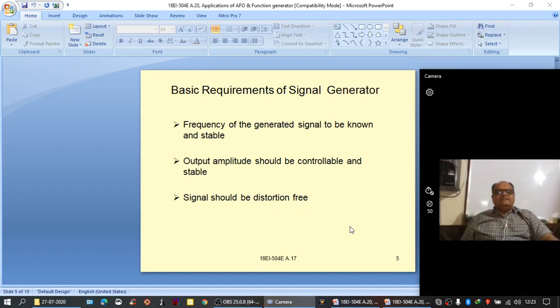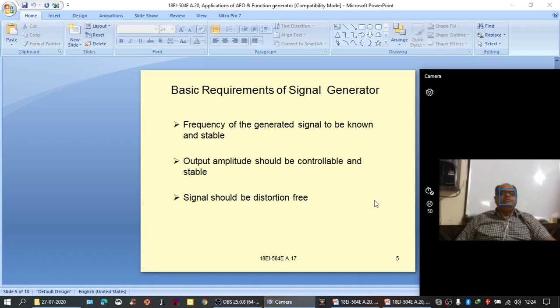And for any signal generator, there are three basic requirements which are to be fulfilled. The first basic requirement is the frequency of the signal generated should be known and it should be adjustable. It should be stable and of course adjustable also. The amplitude of the signal generated should be adjustable and should be stable.